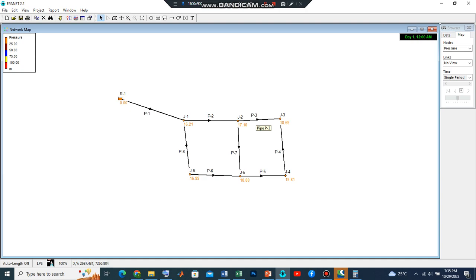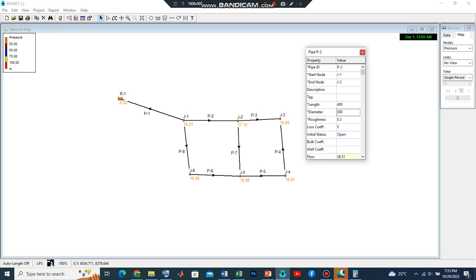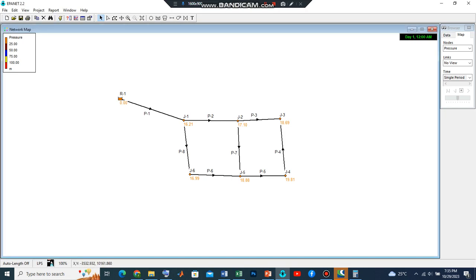And so let's look at the pipe size of this pipe 2. We can see that the diameter is large. So what happens if we decide to reduce it to, let's say, 200? And let's run our simulation.